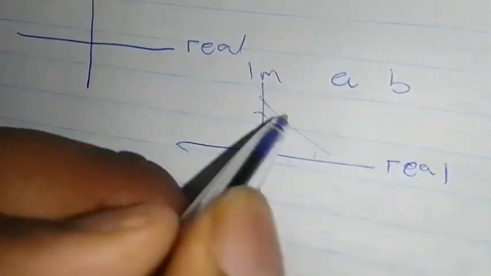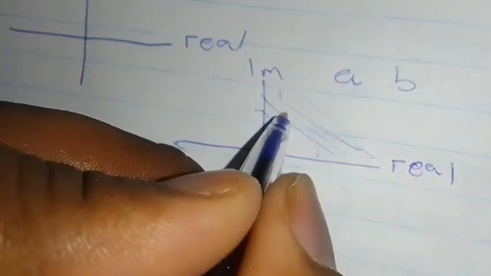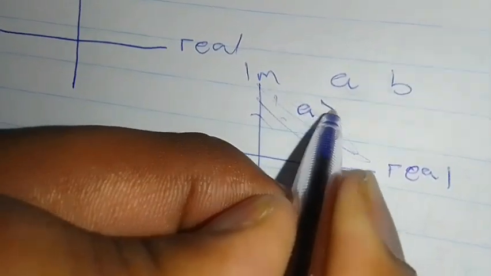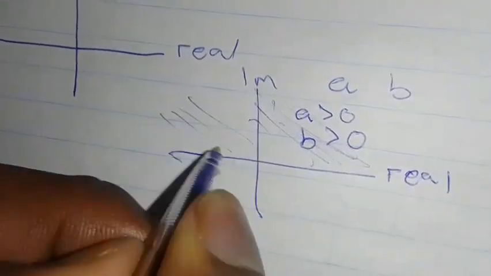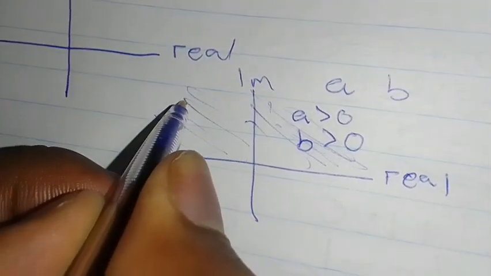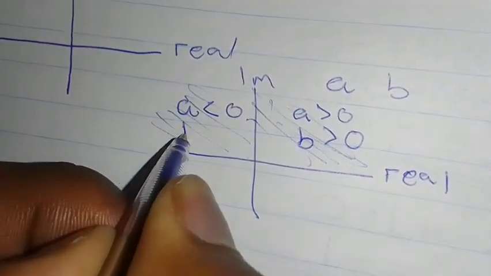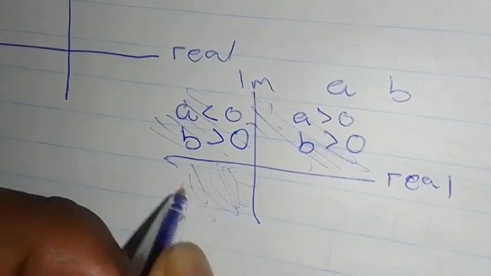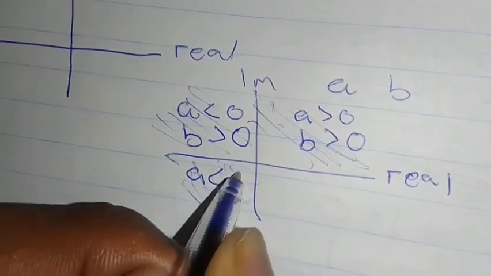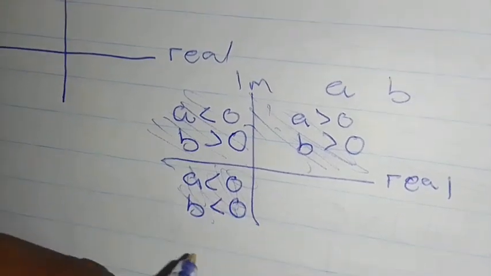In the first quadrant here, it's where you have a greater than 0 and b greater than 0. In the second quadrant, it's where a is less than 0 and b is greater than 0. In the third quadrant, it's where a is less than 0 and b is less than 0 as well.